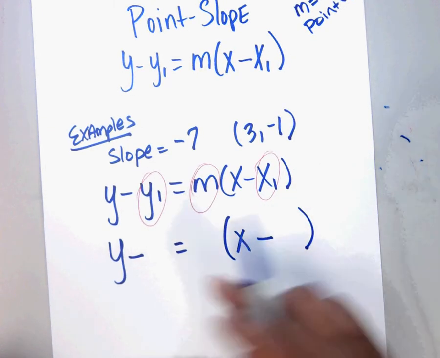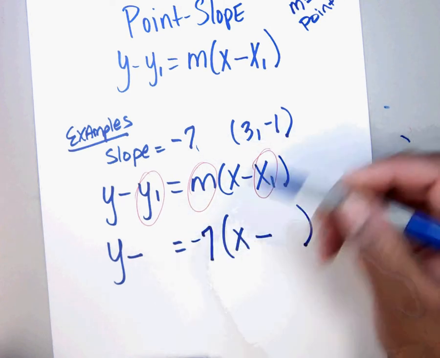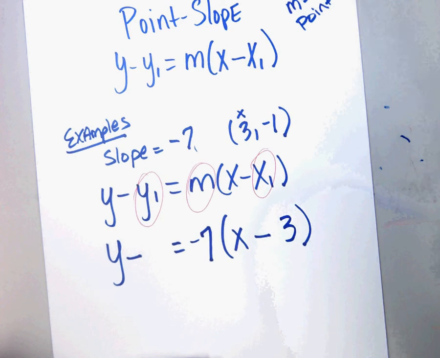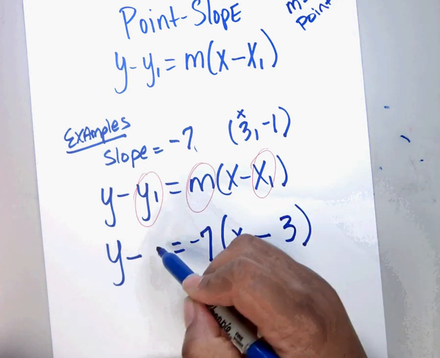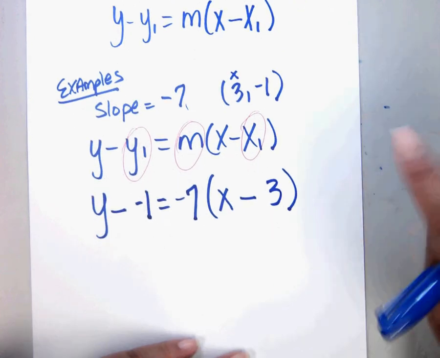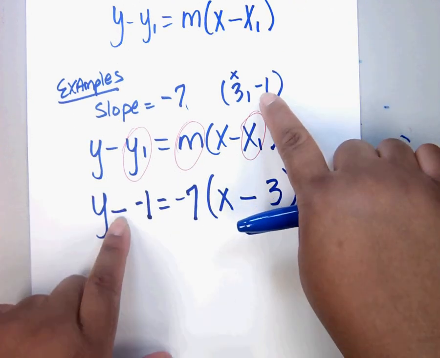Now we fill in the empty spaces. -7 is the slope. This is the x of our point, and this is the y of our point. Be very careful. This y is negative. The negative is not already there for it.